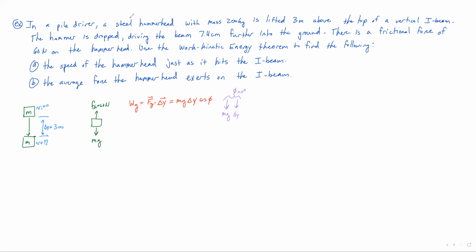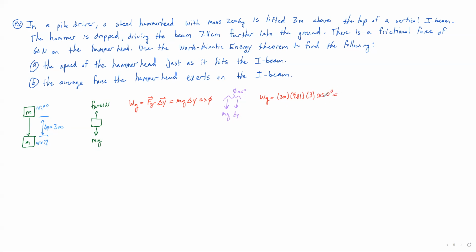Knowing that, the work due to gravity is going to be mg delta y cosine phi, so let's plug in what we got. I know m is 200, that's the mass given. g is 9.81. I know delta y is 3 meters, and I know the cosine of 0 degrees is just 1.